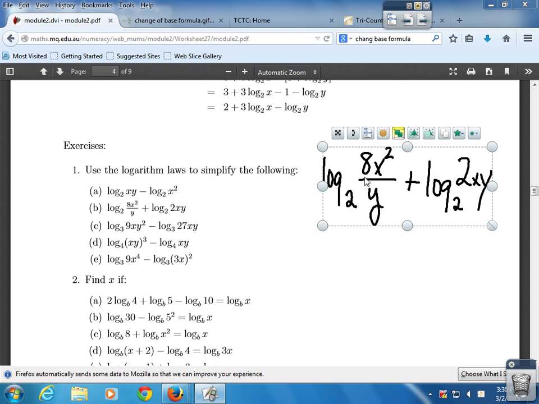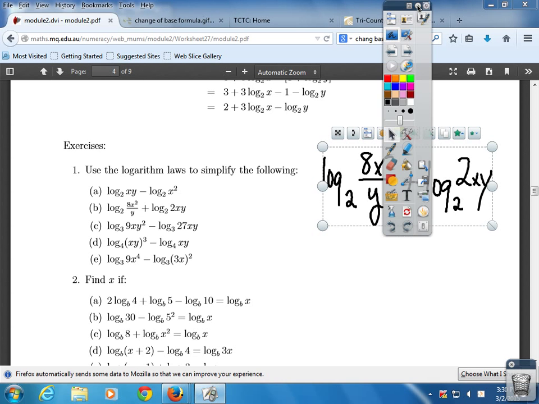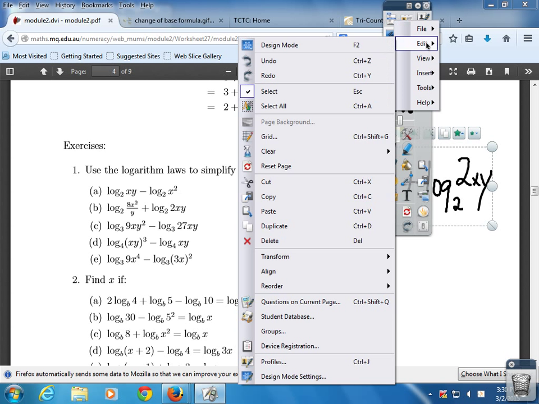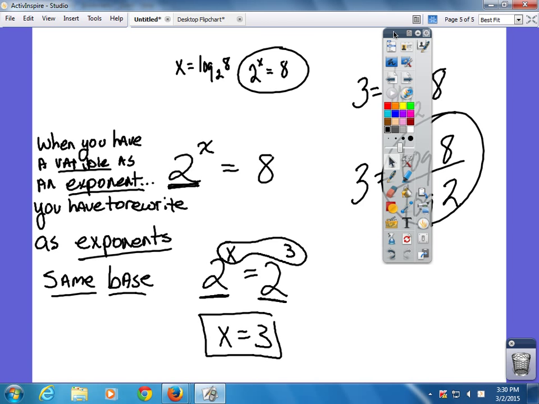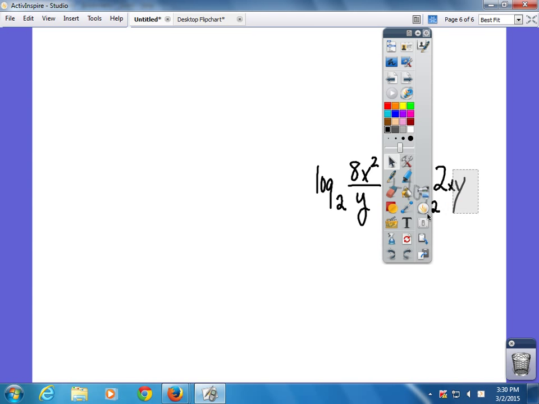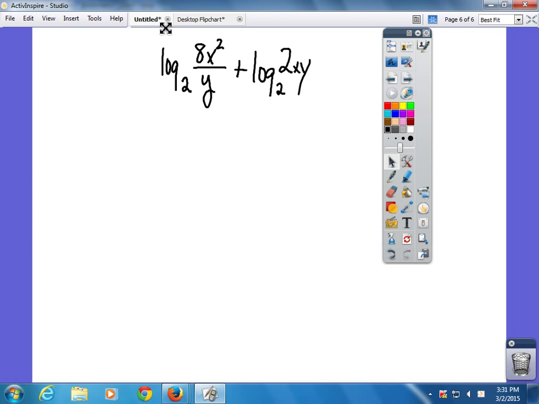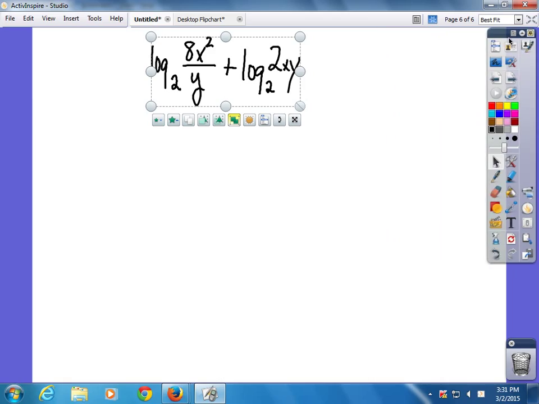Let me go ahead and copy this, because it's going to take a couple of steps. When it's unclear, I have to go through this. There we go. Okay, so we're not simplifying, we're just rewriting.